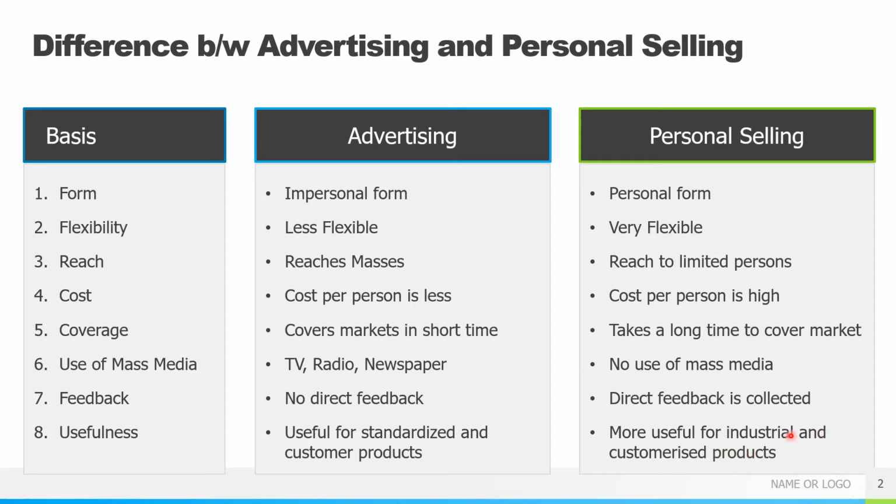And also advertisement cannot be possible for industrial products. We don't see any industrial product advertisements or raw material advertisements on TV screens. So personal selling is beneficial for such raw material, for such industrial products, and also for tailor-made products, which are also called customized products.